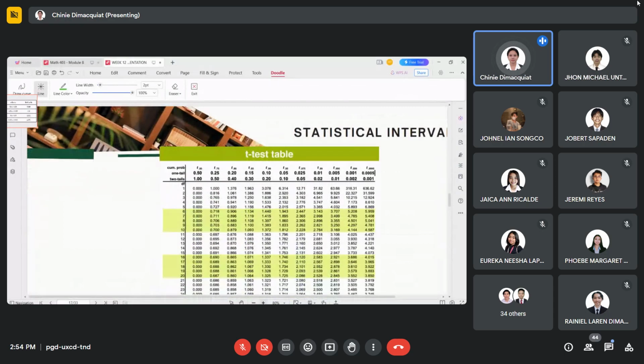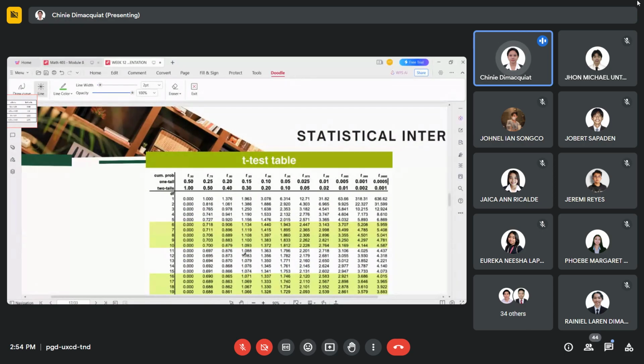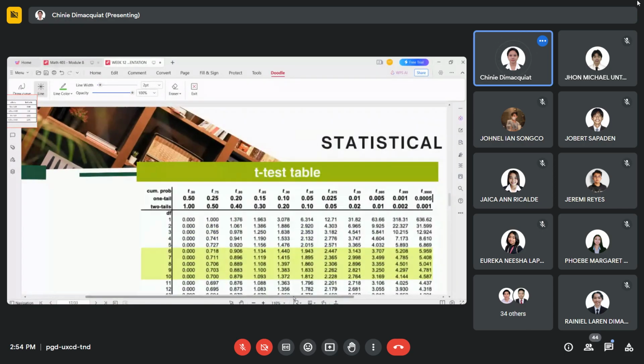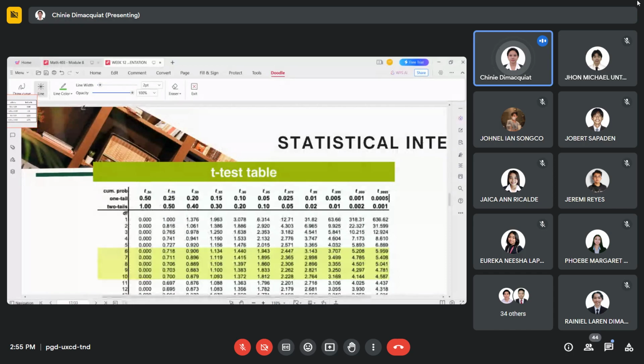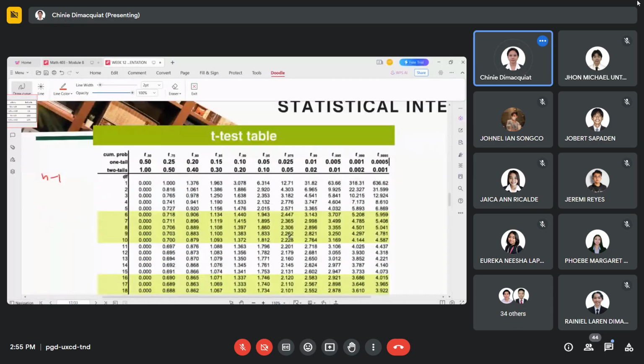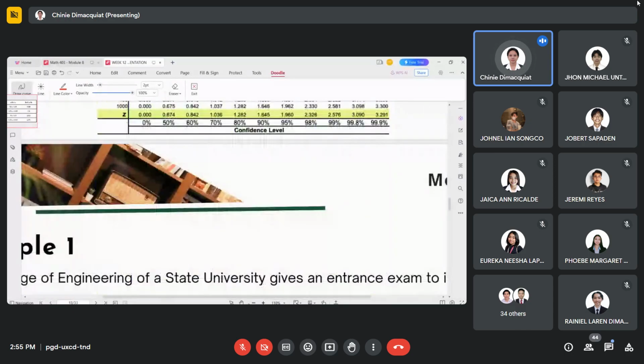Thus, we'll use this t-test table para makuha yung ating critical values. So dito, meron tayong DF na pwede nating makuha by using n-1. n-1 ay DF. Yan. Meron tayong 1 tail and 2 tail. So ito yung magiging basis natin para mahanap yung ating critical values. Okay, so diretso na tayo kay example.